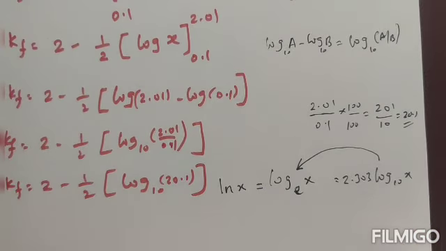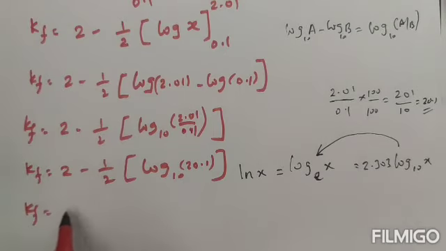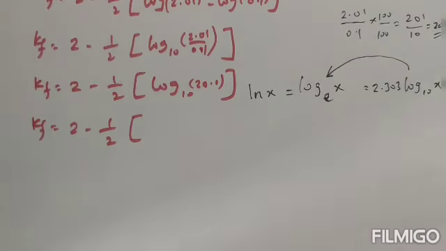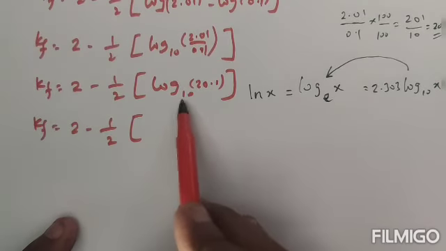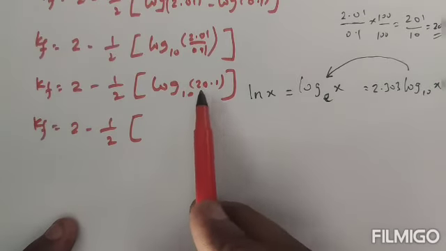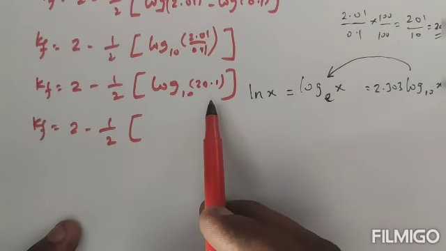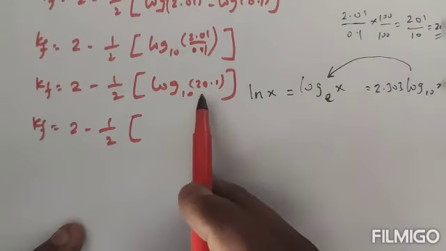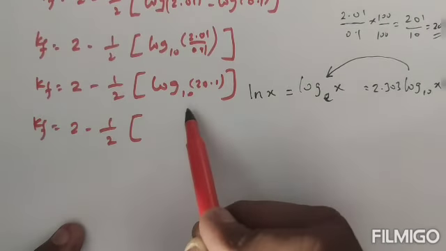So now I can write Kf is equal to 2 minus 1 by 2. Now we found the log 10 base value, we want to convert it into log exponential value, so we want to multiply with 2.303.